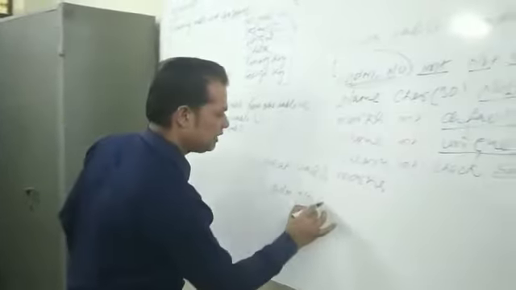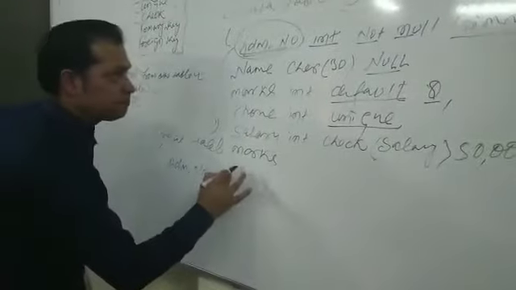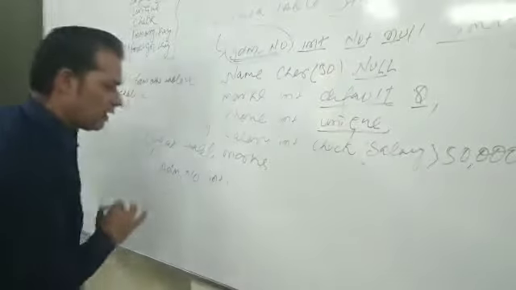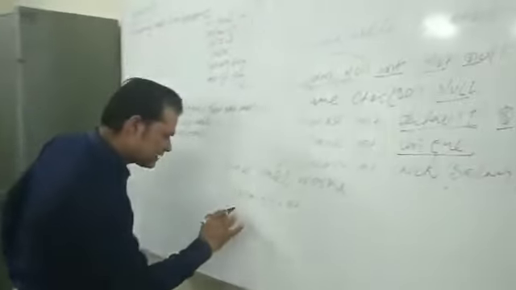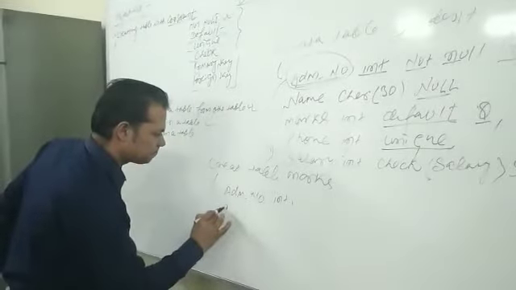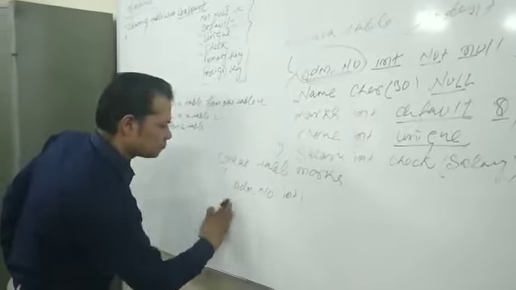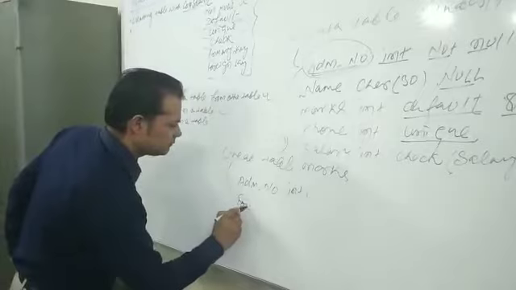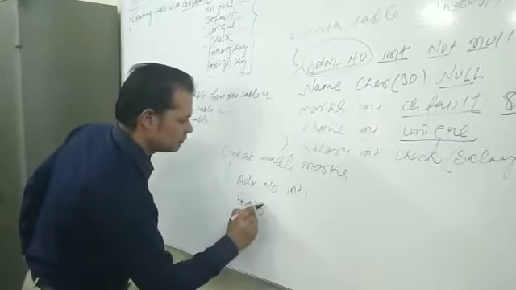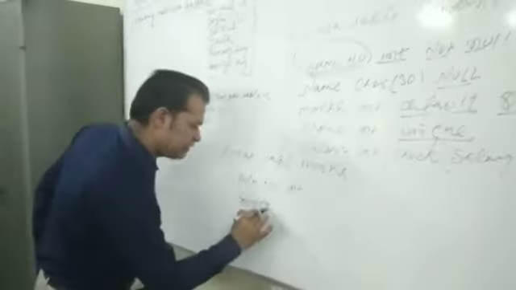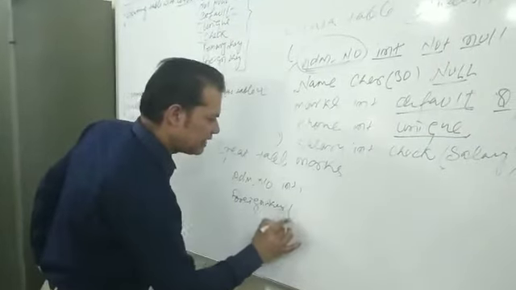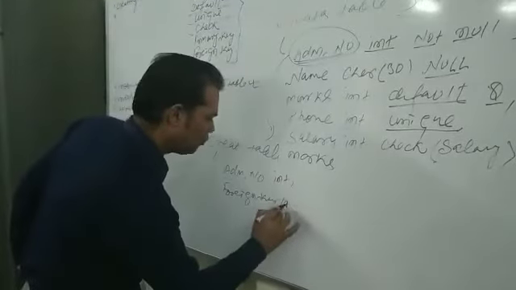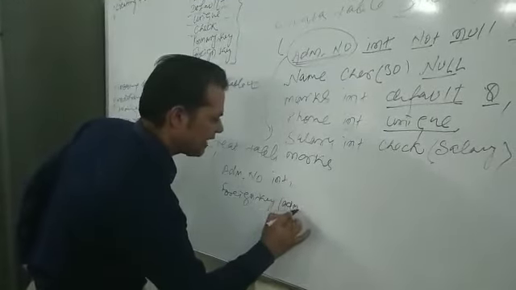So admission number int, as earlier, we have to declare the same admission number int here, and then put a comma, and in the next field you say foreign key, then the field name that you want to make a foreign key, admission number.